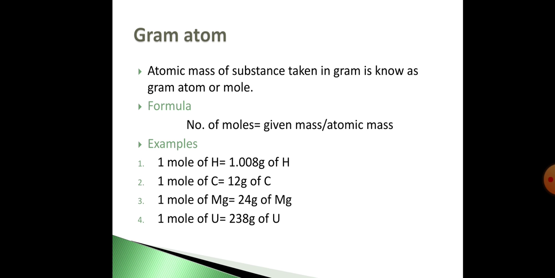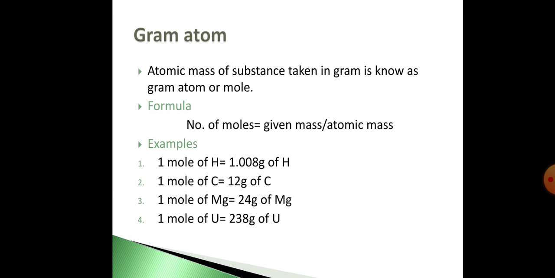We can calculate the number of moles for an element by dividing its given mass by its atomic mass. For example, in case of hydrogen, if we need 1 mole of hydrogen, then we need 1.008 gram of hydrogen atom.